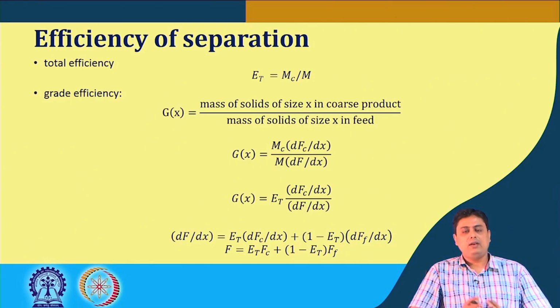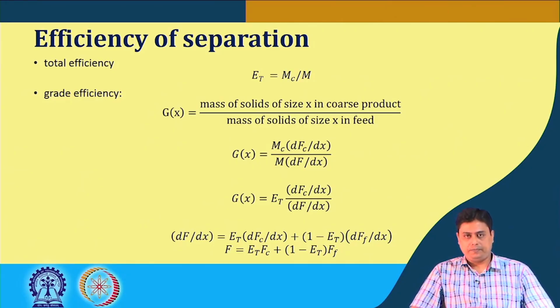The example that I gave: say you want the particle-laden gas to be free from a certain particle size, that is your x in this expression. Say you want that particle-laden gas to be free from particles of more than 15 micron.